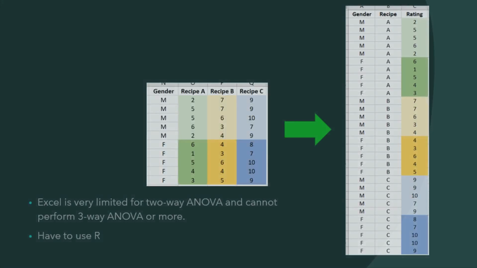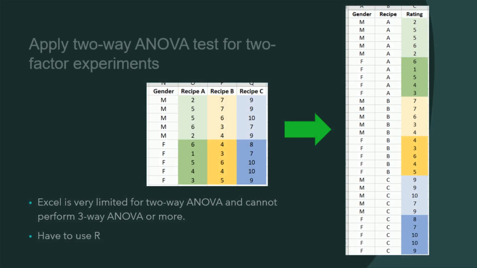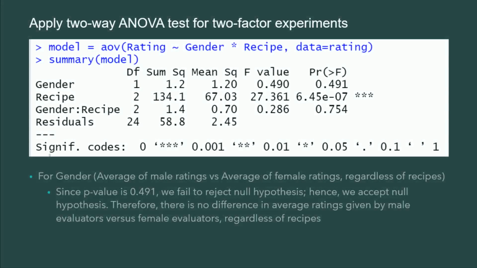Excel is very limited to perform two-way ANOVA and definitely cannot perform three-way ANOVA or more. So we have to use R. However, in order to use R, we have to change the format of the data. There are 3 results since we have 3 hypotheses.